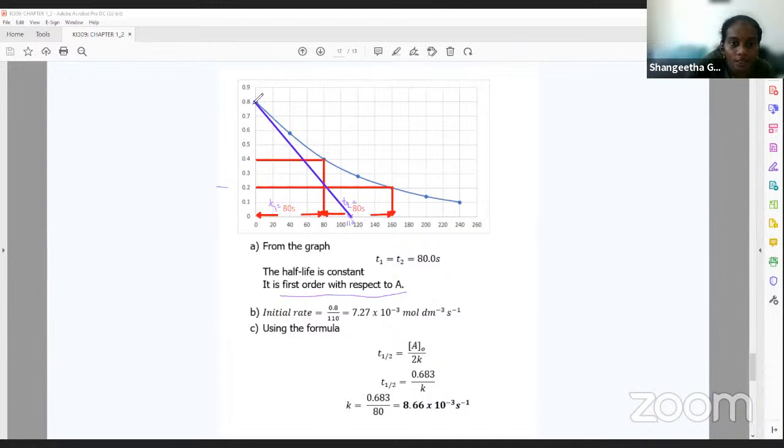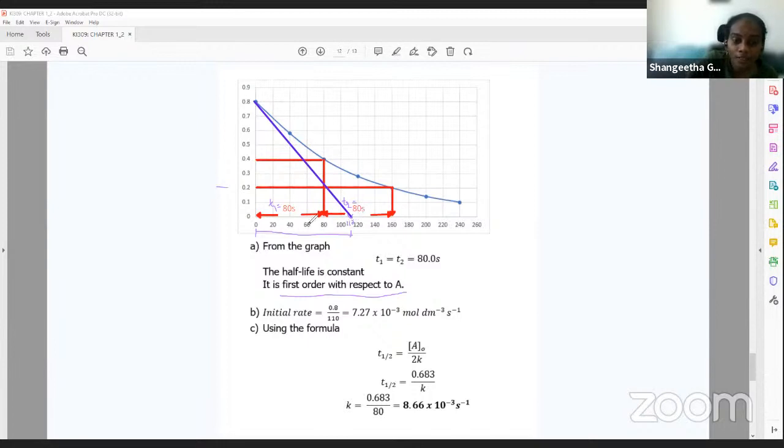So the initial concentration is 0.8, and you divide by the point where it touches the x-axis. You can also draw it shorter, until here. But personally, I like to draw it until it touches the x-axis, because then it's easier for me to read the value of x.